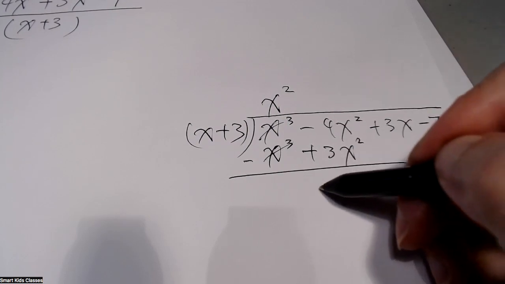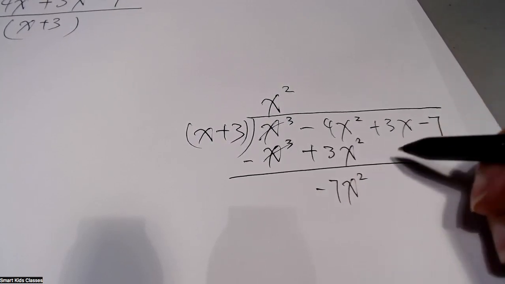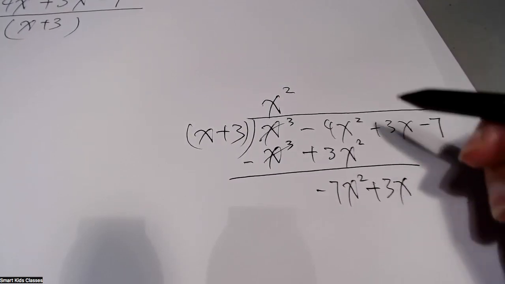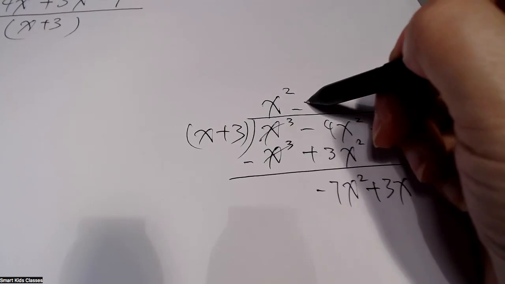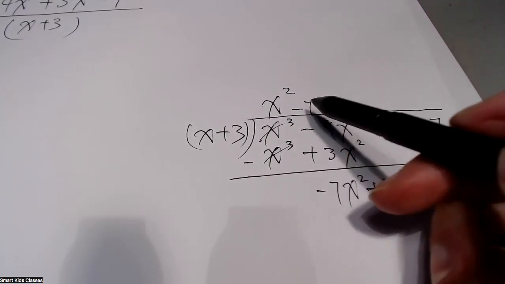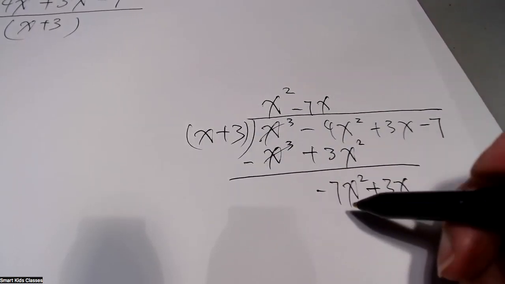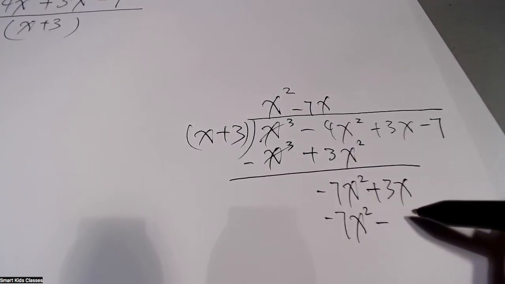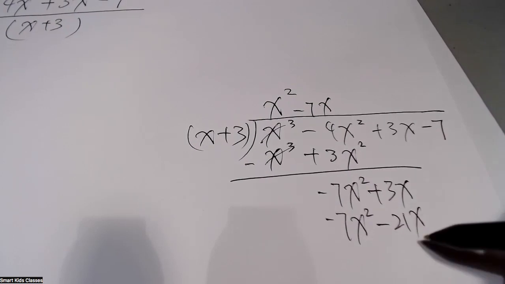We add it together: negative 7x exponent 2. Bring the next term down here. We try negative 7x. When you multiply, we got negative 7x exponent 2 minus 21x.